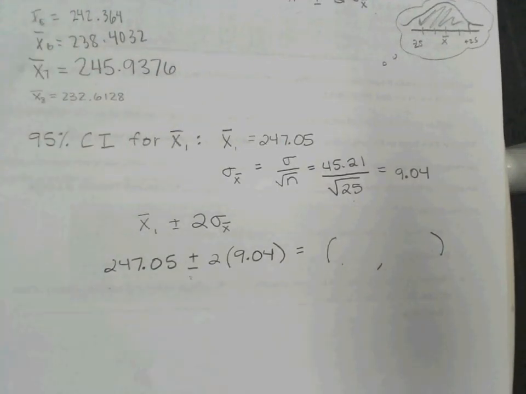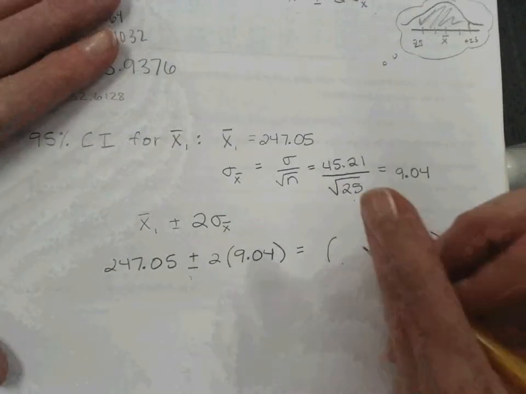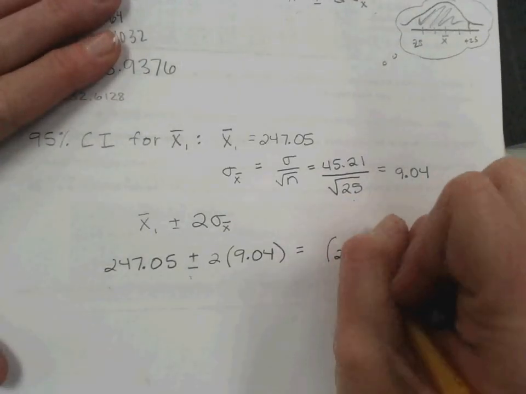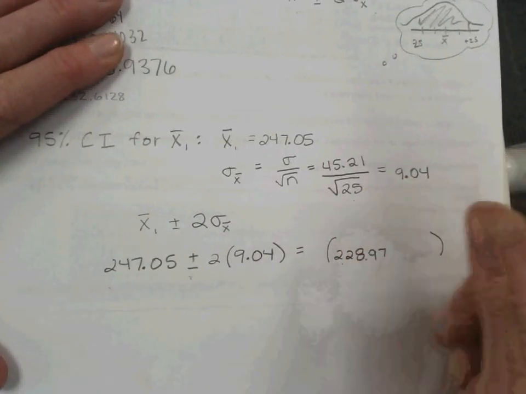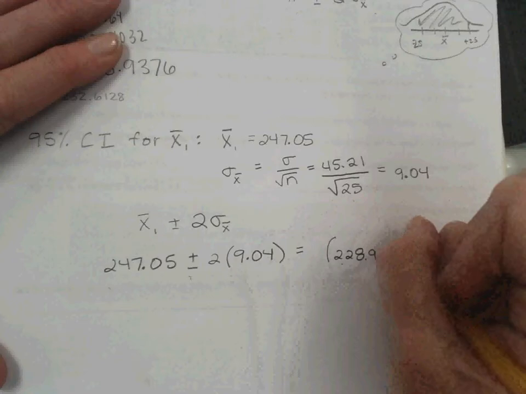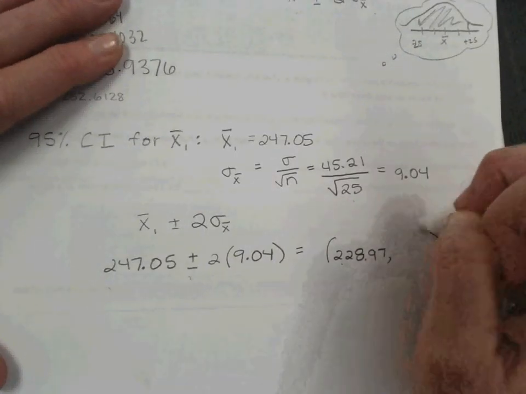So I would just enter in your calculator 247.05 minus 2 times 9.04. What'd you get? 228.97. Thank you. And somebody else grab the upper bound on that.